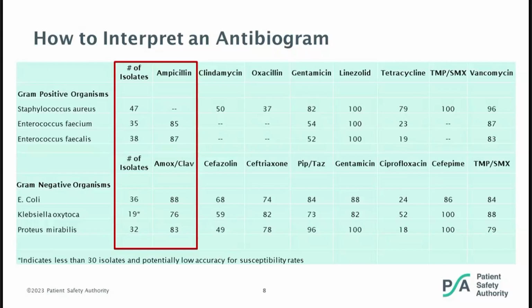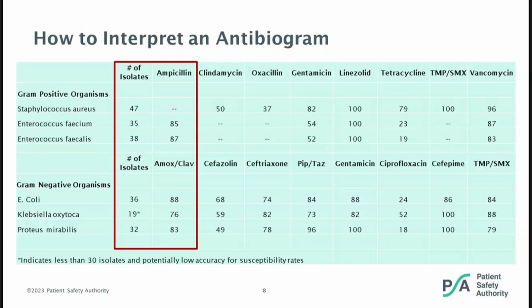If we focus on the gram-positive organisms, we can see that the number of isolates listed is 47, 35, and 38. This is an adequate number of isolates and will give you good statistical information as to the resistance patterns for these particular organisms.